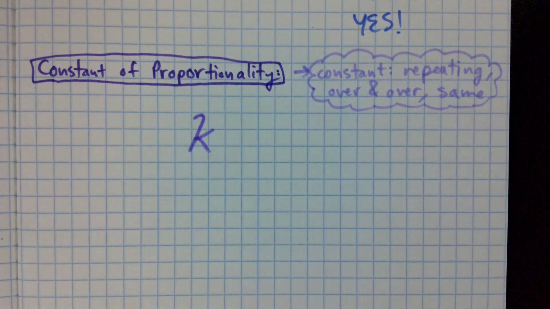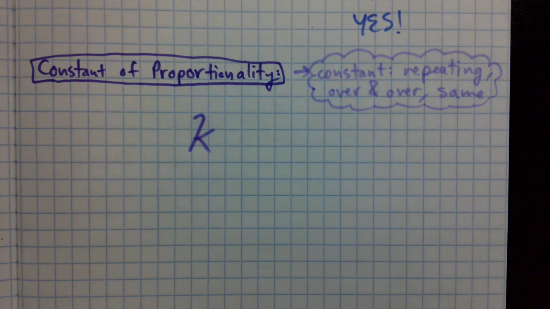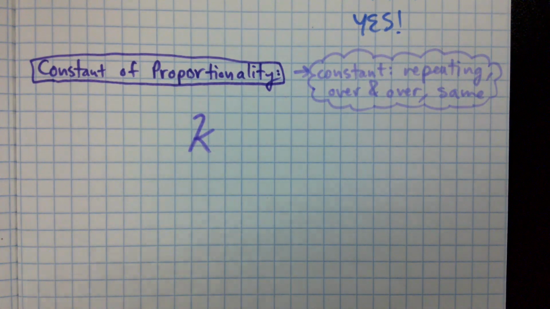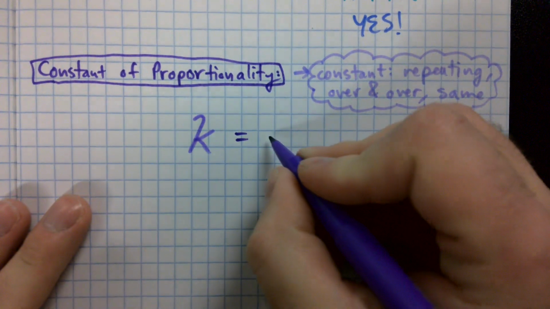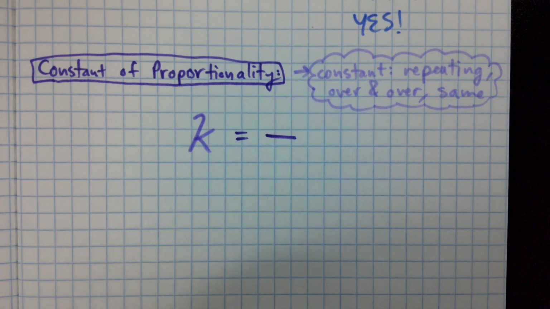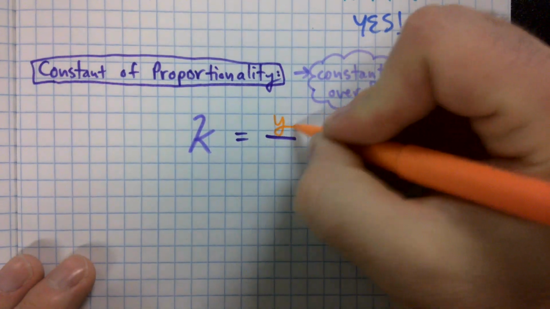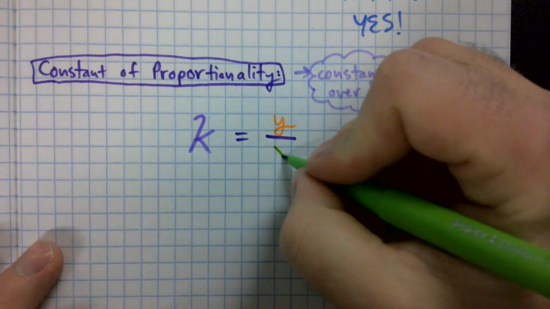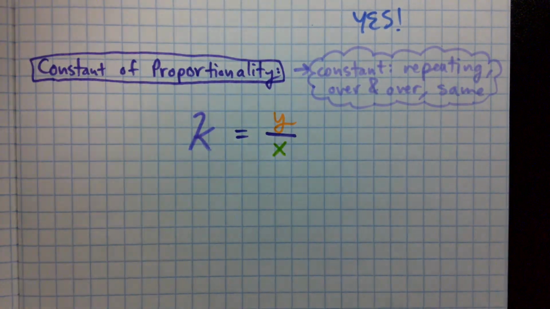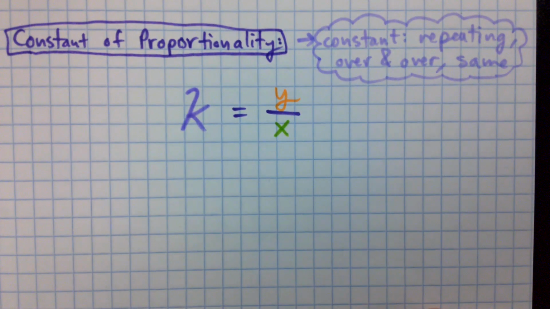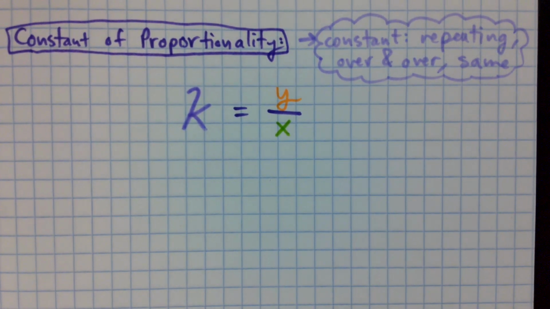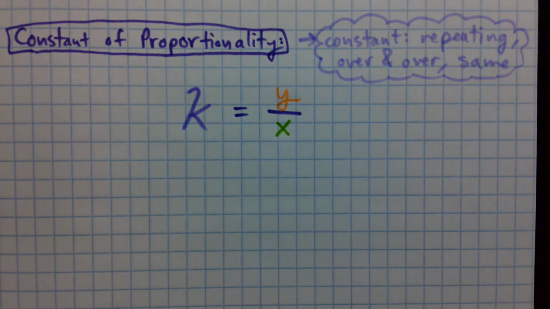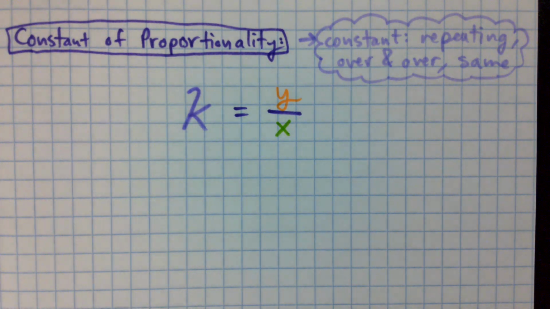K for constant, even though constant starts with a C. K is going to be equal to y over x. Like I said, this might not make a whole lot of sense right now, but it will once we see the actual work. K is equal to y over x.